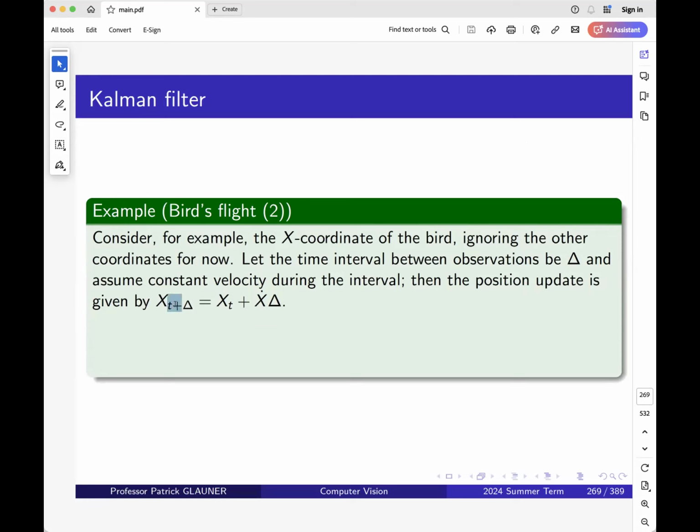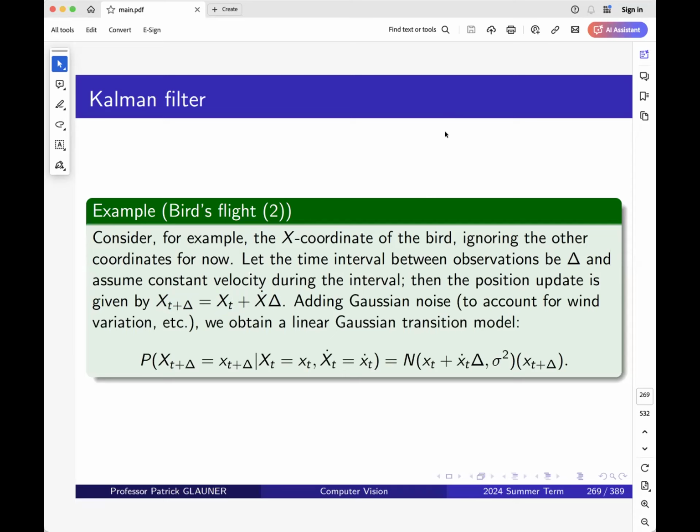x at our time t plus 1 or plus delta, how much time has passed, we say it's xt, the old position, plus the velocity of x, so x dot, times how much time has passed, which is our delta.